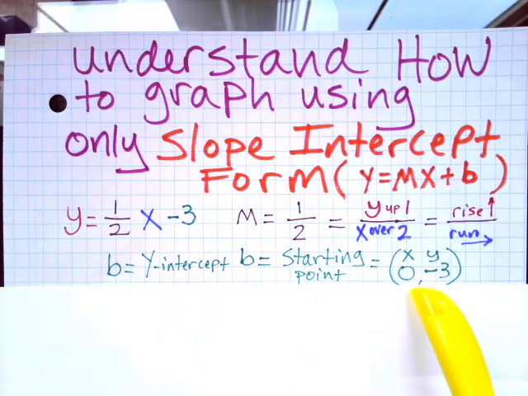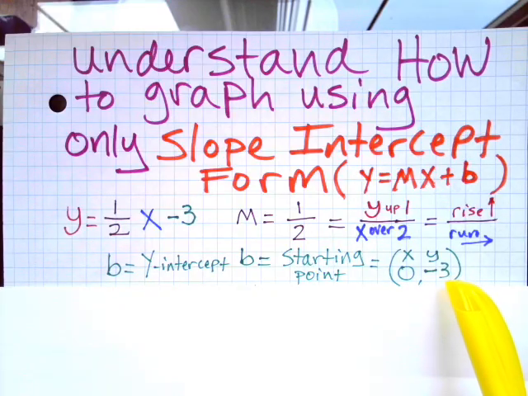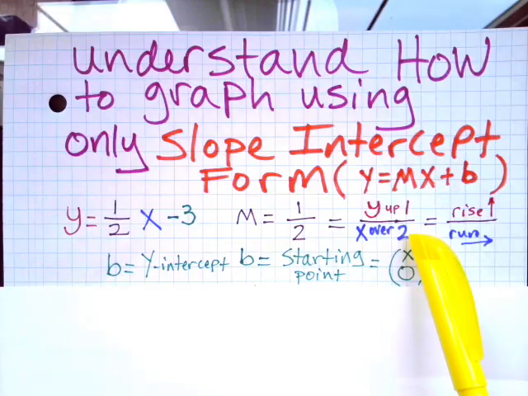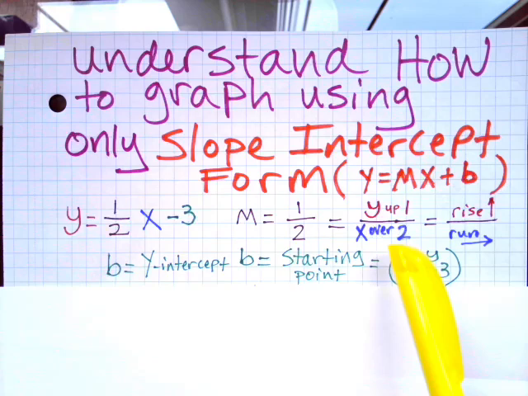So my starting point is going to be 0 for x, negative 3 for y. And so once I plot this point, I just follow my slope. Up 1 over 2, plot my point. Up 1 over 2, plot my point.